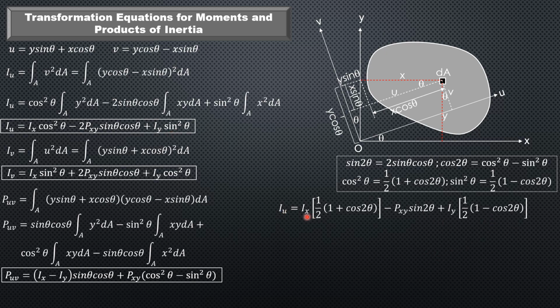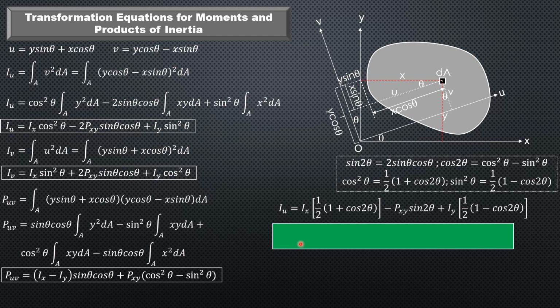So combining like terms, we have 1/2 of Ix, then 1/2 of Iy, then 1/2 of Ix cosine 2 theta minus Iy cosine 2 theta. Then for the product of inertia, it is always negative Pxy sine 2 theta. Therefore, I sub u is 1/2 of quantity Ix plus Iy, then plus 1/2 of quantity Ix minus Iy cosine 2 theta, then minus Pxy sine 2 theta.